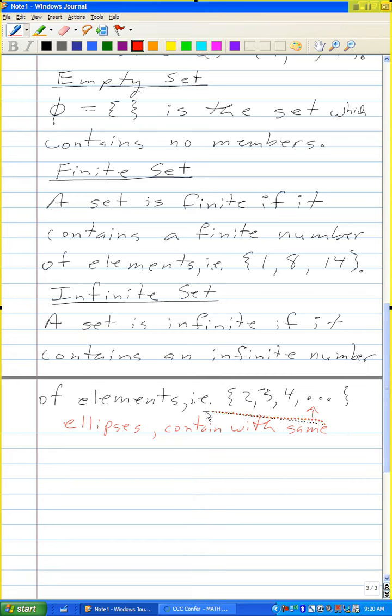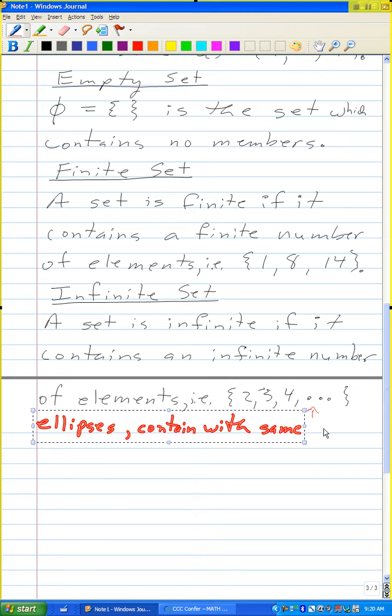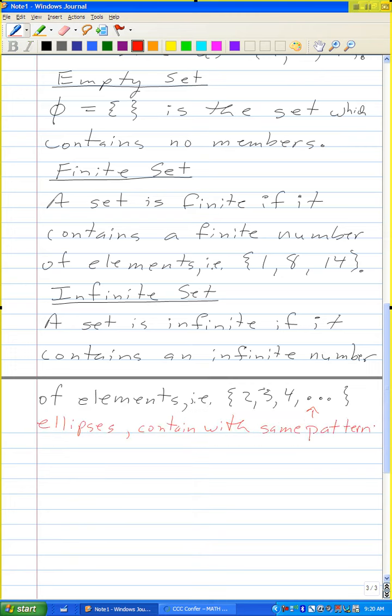Okay, so those three little dots mean continue with the same sort of pattern that I've given.